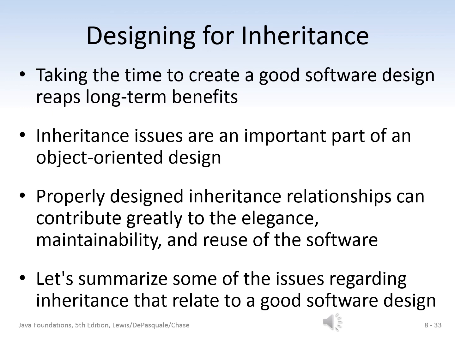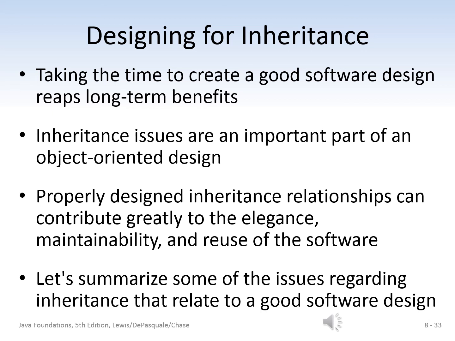This will reap long-term benefits for the design of your software, because inheritance issues are a critical component of object-oriented design. And if you have properly designed inheritance relationships, your program will be very elegant, maintainable, and you'll be able to reuse the software over and over again.